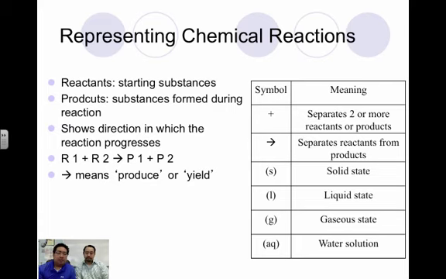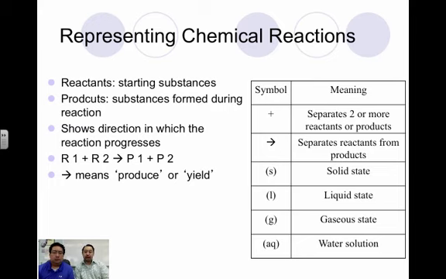Representing chemical reactions, there are reactants. These are what we start with, and products are things we end with. In chemical reactions, we often use symbols to help us indicate progress of reactions, as well as to separate reactants and products. Since science is all about observation, we need the symbols to help write down what's going on or what has happened and what's been observed, so that other scientists can read it.